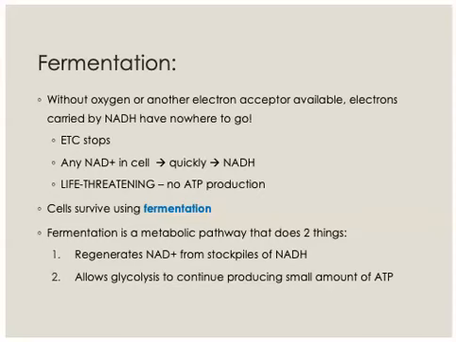Number one, it is going to allow all of that NADH to go back into the NAD+ form. And number two, fermentation is going to allow glycolysis to continue producing small amounts of ATP with substrate level phosphorylation.